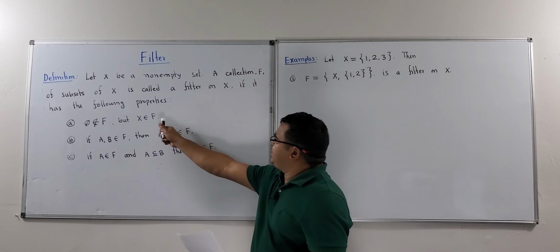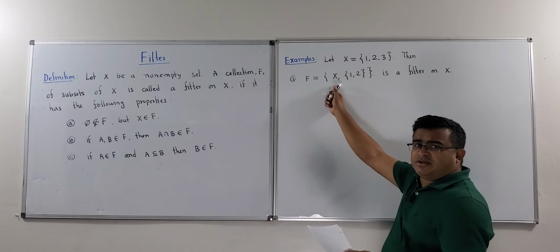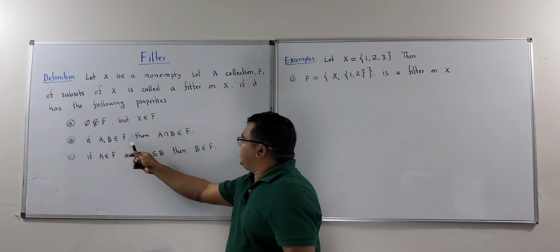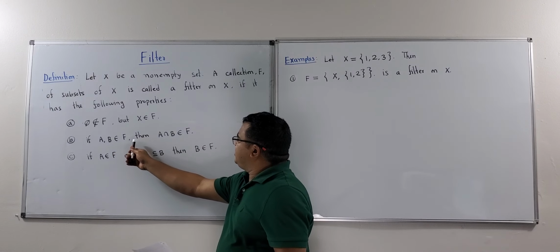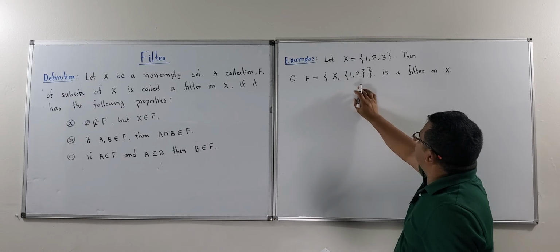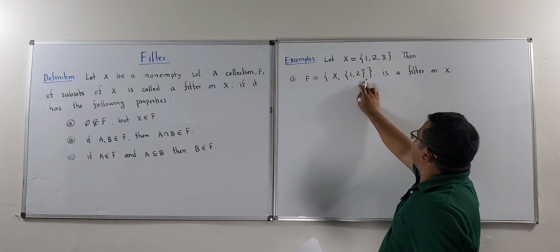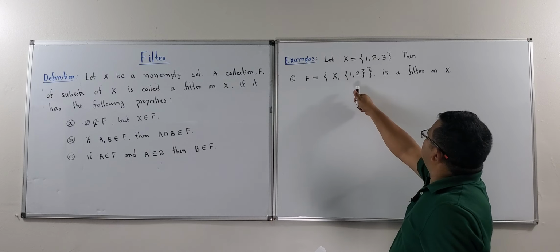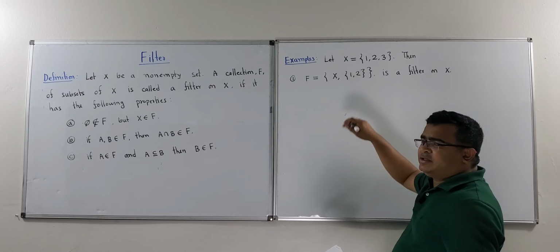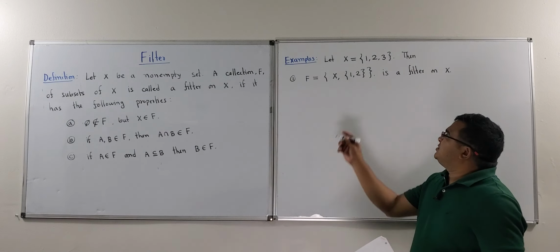So the first property it satisfies, because the empty set is not here but the whole set is here. Now if A and B are elements of F, then the intersection should be in that collection. Here are two sets, X and {1, 2}. The intersection of {1, 2, 3} and {1, 2} is {1, 2}, right? So this is also here.